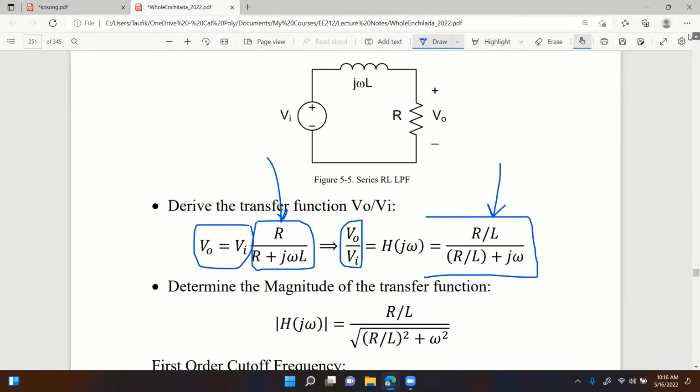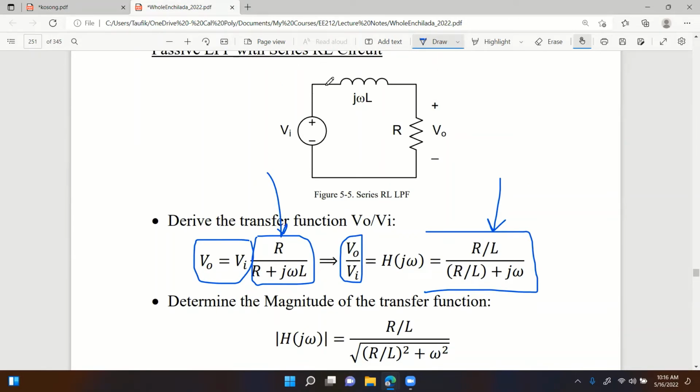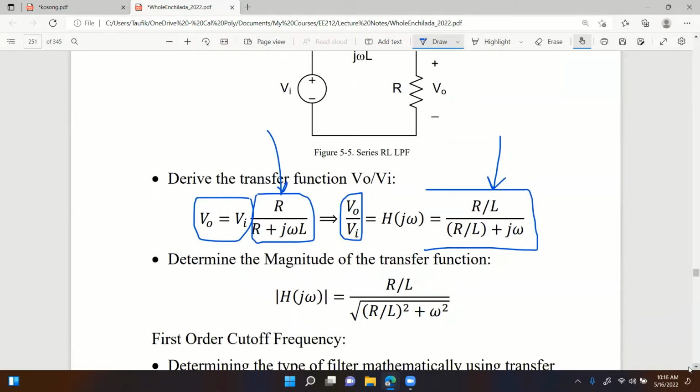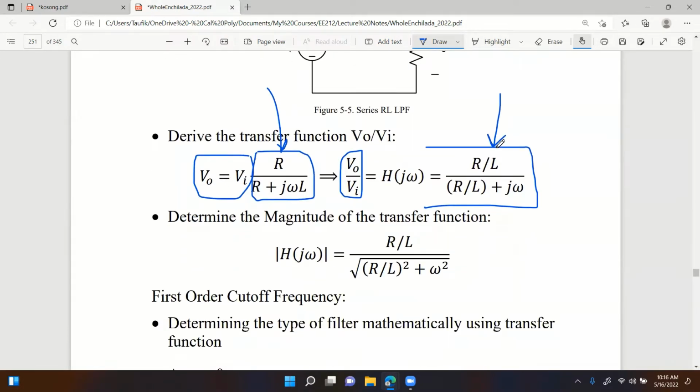So let's determine the type of filter. Let's say that you don't know this is a low pass filter. How do you determine that? Once you get the transfer function, you derive the gain of the transfer function. What is the gain of R over L? That's just a constant, so that's going to be R over L. What is the gain of this denominator, which is a complex number? How do you get the magnitude of a complex number?